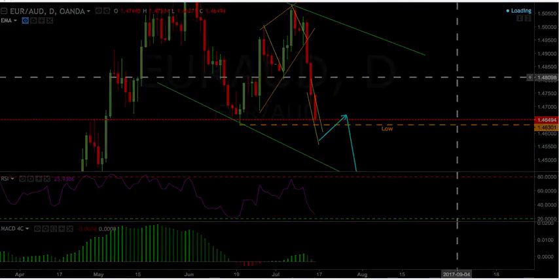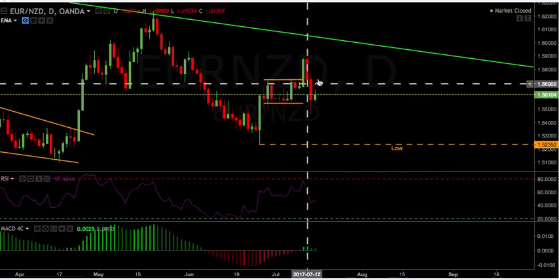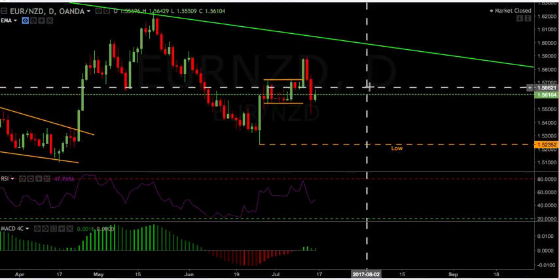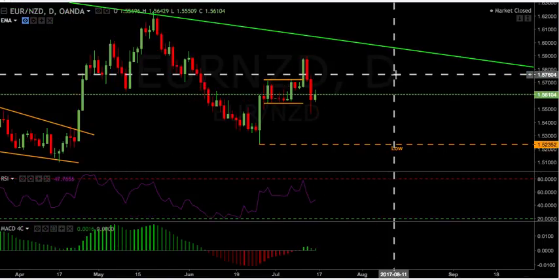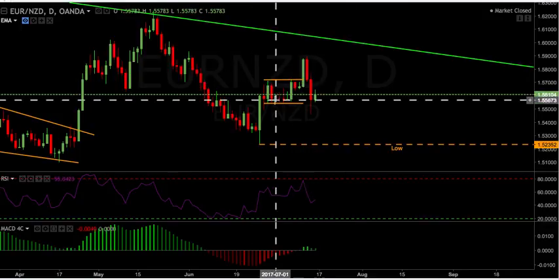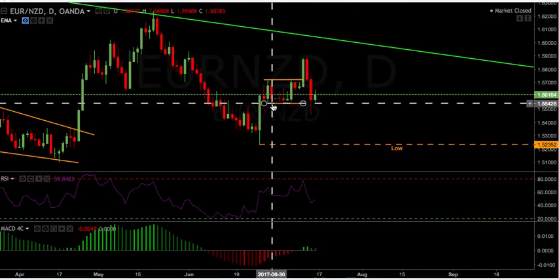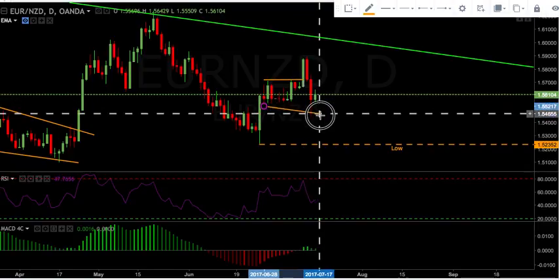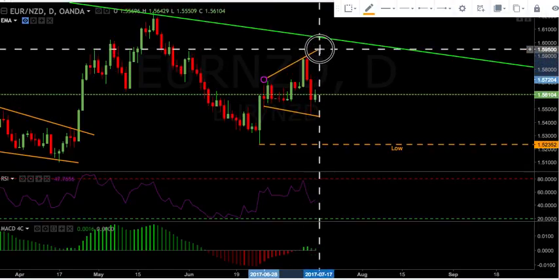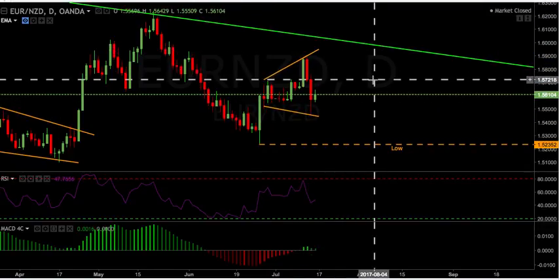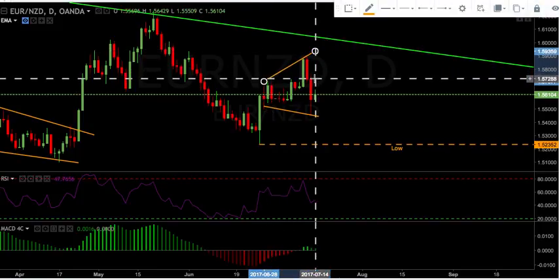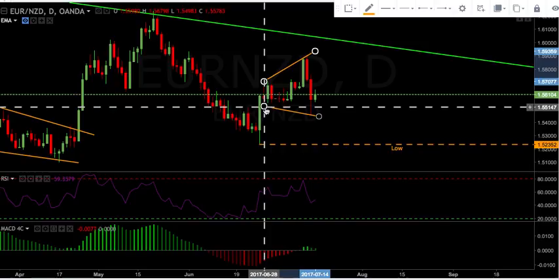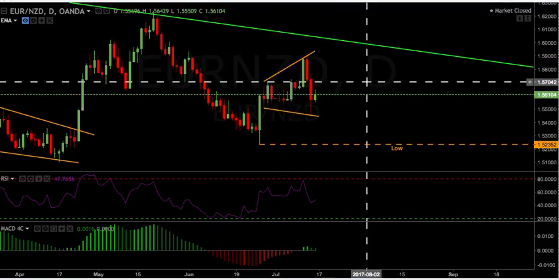Okay, on to Euro New Zealand. Euro New Zealand is kind of squiggly right now. We had that crazy movement because of the New Zealand movement, so it's not in a tight pattern. So I could draw some lines that could make kind of sense, but it doesn't look nice. And looking nice is not the point, but at the same time, you want to have a pattern that makes sense.